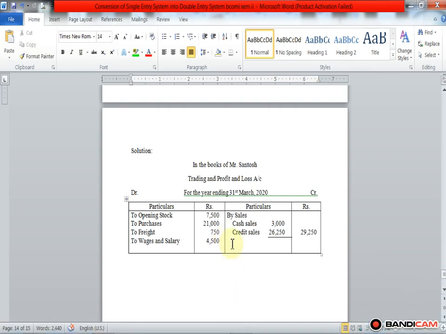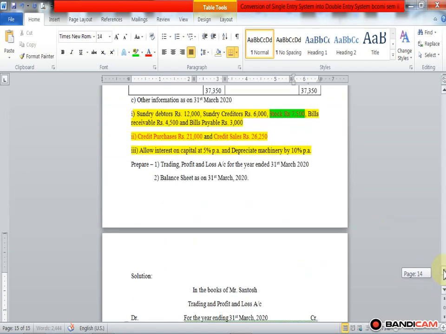So here, by closing stock amounted to rupees 7,500. Okay, so we have prepared the trading account.